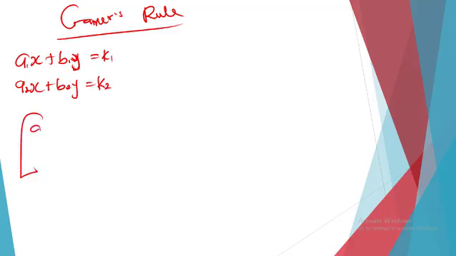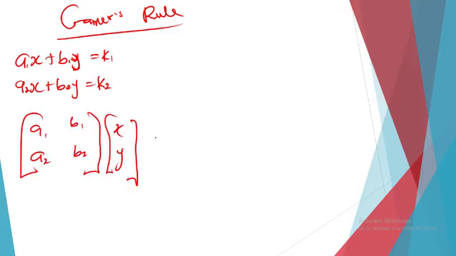We have a1, b1, a2, b2, and then we have our x and y, and that's equal to k1 and k2. Then to solve for x, we replace the first column by the values of the constant on the right hand side of the equation.